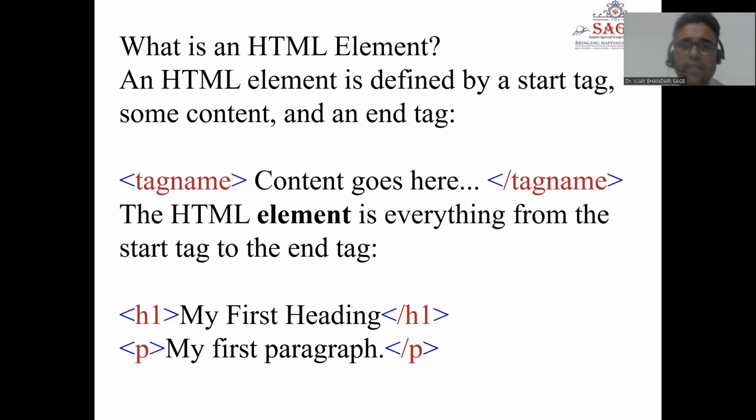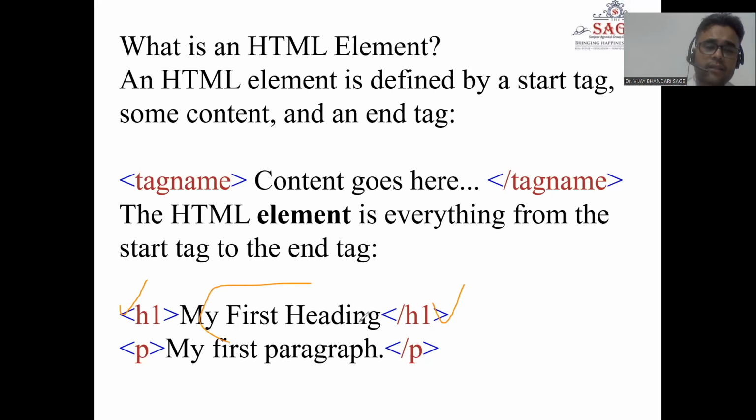Now we move to what an HTML element is. An HTML element is defined by a start tag, some content, and an end tag. The tag name goes here, like tag name. The HTML element is everything from the start tag to the end tag. For example, you can see here H1 in the starting tag and closing with the end tag.